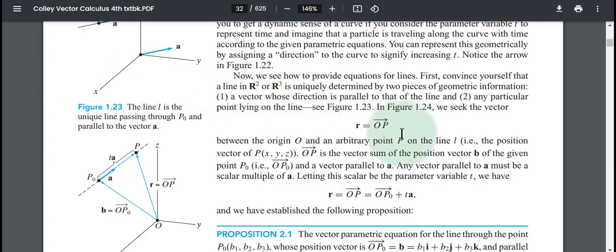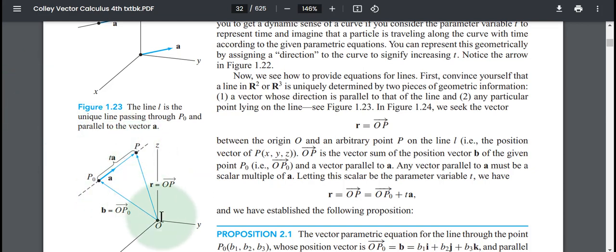So what they say here is, in figure 1.24, that's this figure here, we seek the vector OP, they're calling it R, between the origin and an arbitrary point P on our line L. And then they're saying that's the position vector of this point. In other words, it's the vector associated with this point P.